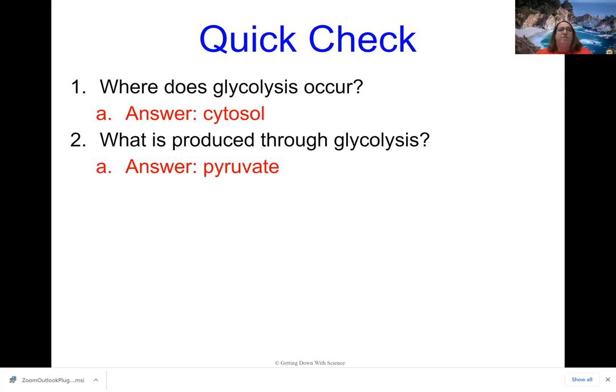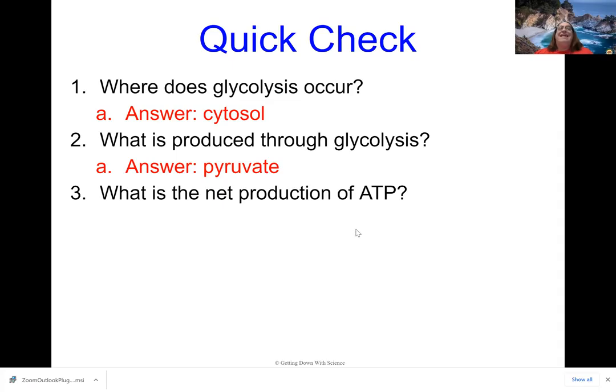Yes, we make NADH. What is the net production of ATP? The answer is 2 ATP. Remember, it was that idea of we put 50 cents into the machine and we get $1 out. So we made an additional 50 cents because the first 50 cents basically went to replace what we put in.